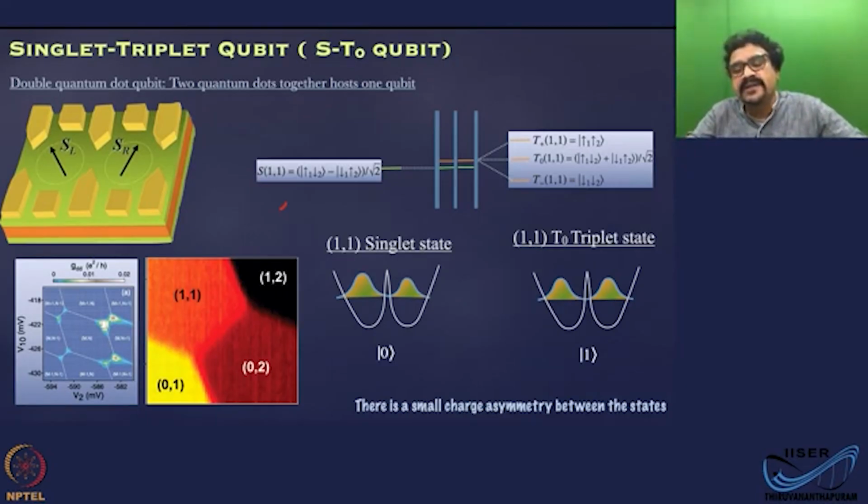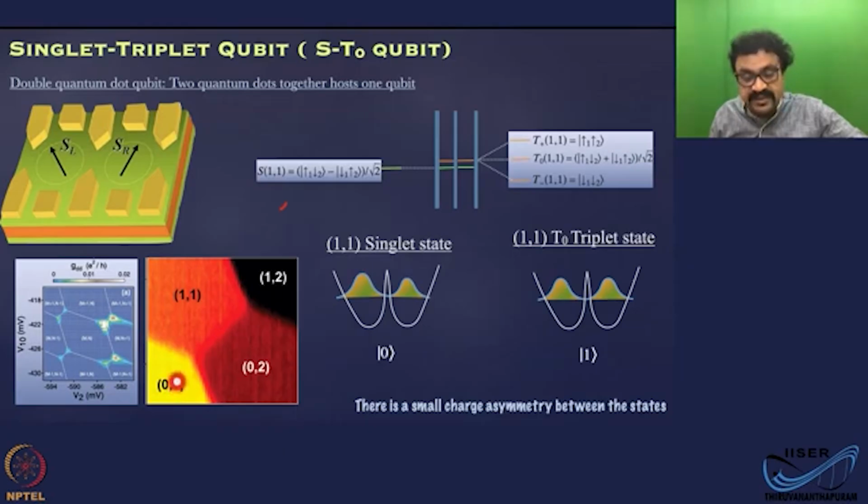Okay. Now we have 0 and 1 as a singlet and triplet state. And if you look at the charge stability diagram, it's a double dot, right? So we have the double dot as a honeycomb charge stability diagram, and your qubit is located in this region, 1-1. Your LD qubit is somewhere here, because only 1 dot you use.